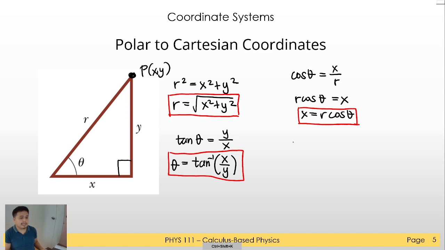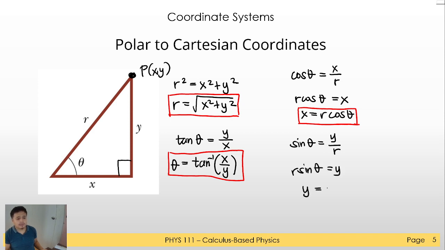Then another one, we have sine theta. So we can relate this theta, y, and r respectively using the sine identity. The sine identity is just opposite over the hypotenuse. So therefore, this is equal to y over r. Manipulating this, we have r sine theta is equal to y.